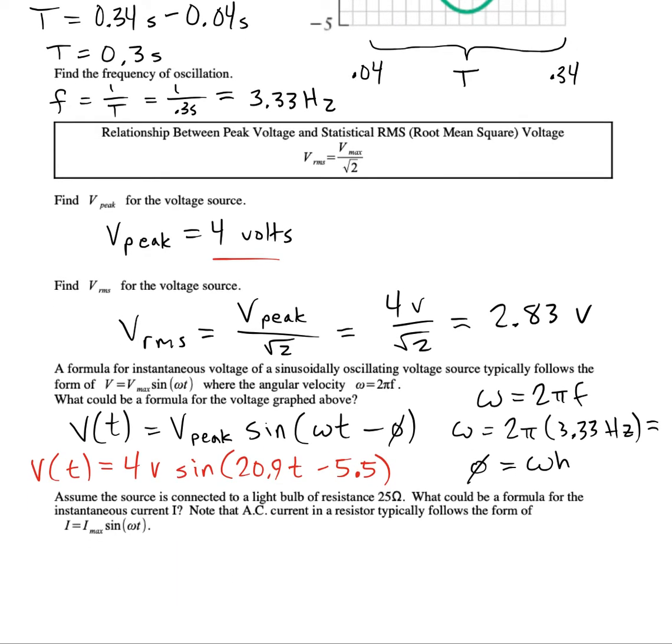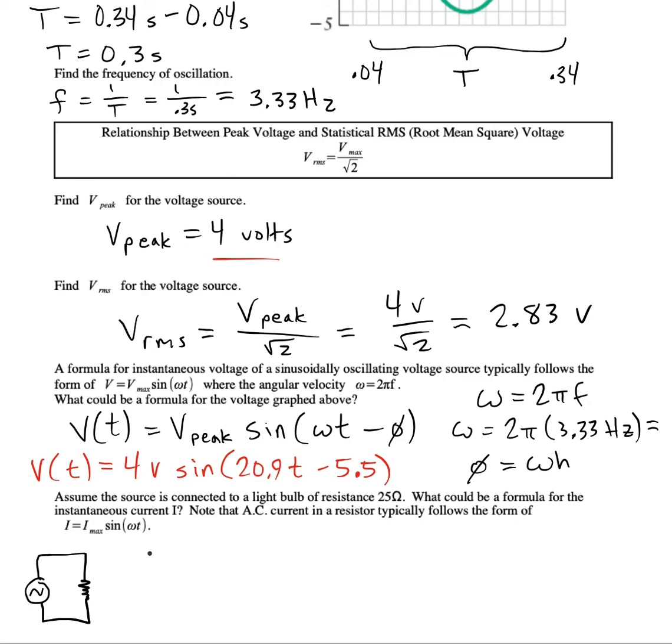Next it says, assume the source is connected to a light bulb of resistance 25 ohms. What could be a formula for instantaneous current when we have a circuit of just a resistor and an AC source like this?